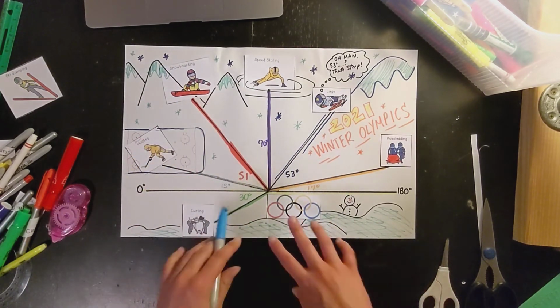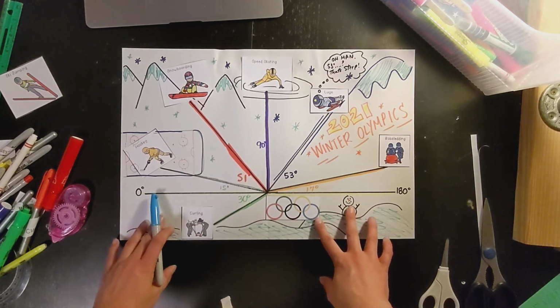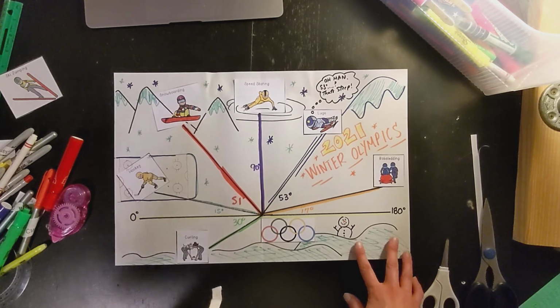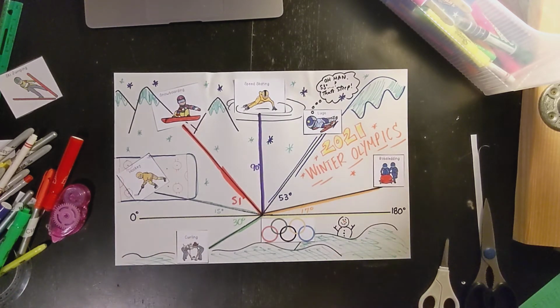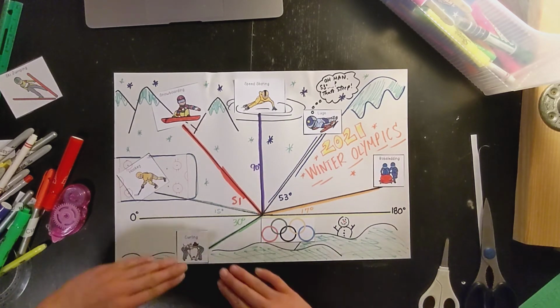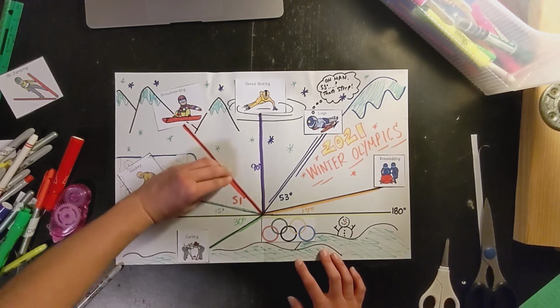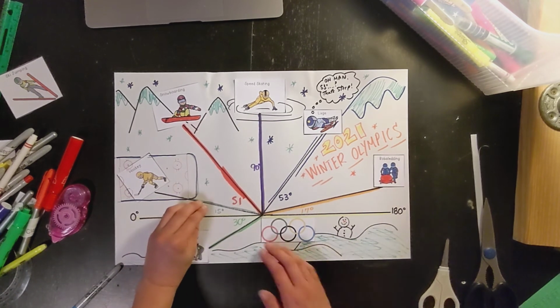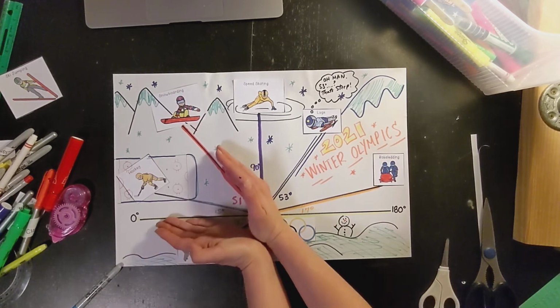Now, if you're wondering why these don't all add up to 180, right? This is a straight line segment. The reason they don't all measure to 180 is because we didn't measure this, and then this, and then this, and then this. We measured this, and then we measured this, which doubles up.